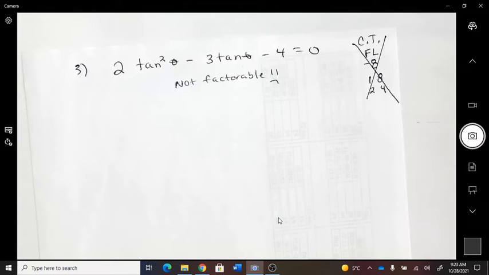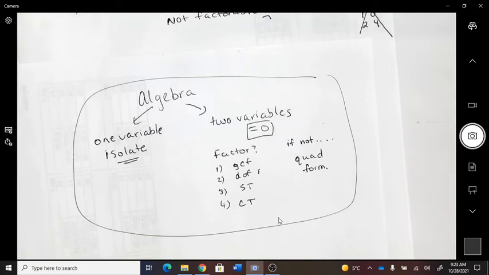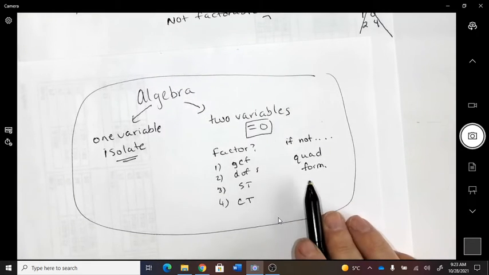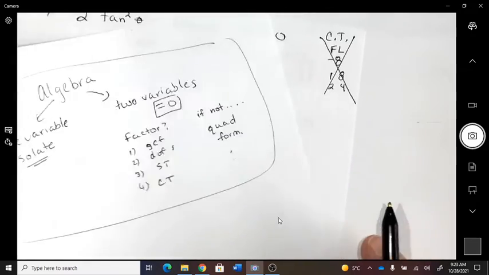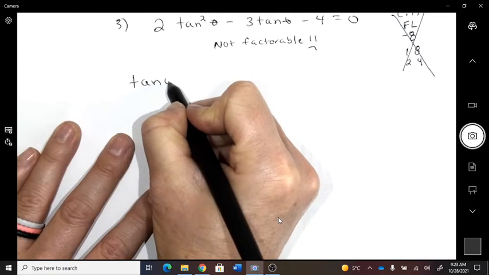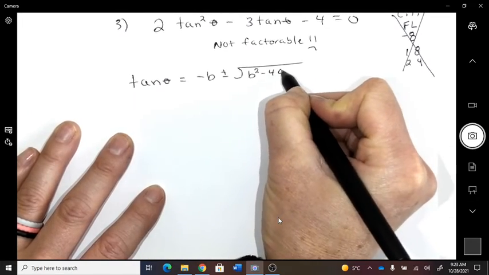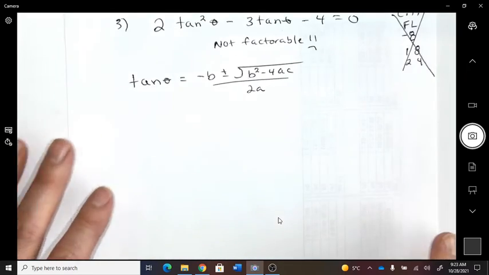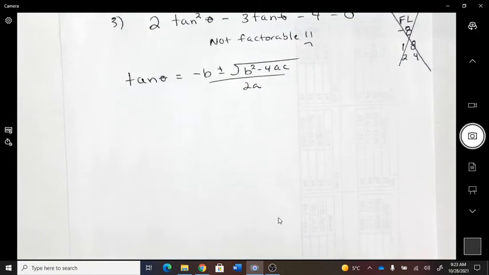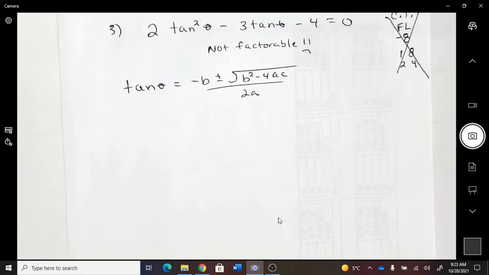What am I going to do if it's not factorable? What did we say in our process of thinking? If something doesn't factor, what do you have? You have that formula. Okay, so tan theta equals, instead of x equals, I have tan theta equals, because that's my variable now.